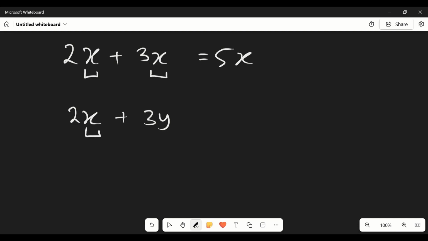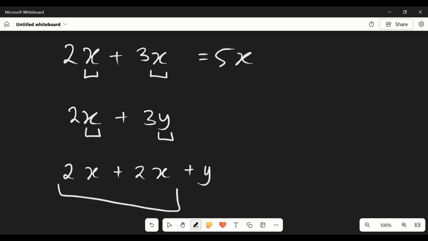The variable does not match exactly. If you have something like this, you can only combine these terms. So we get 4x plus y. Then we cannot combine these terms.